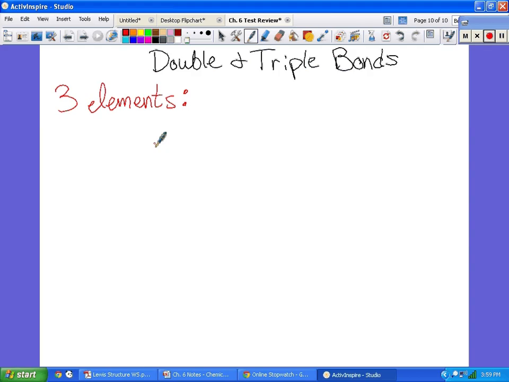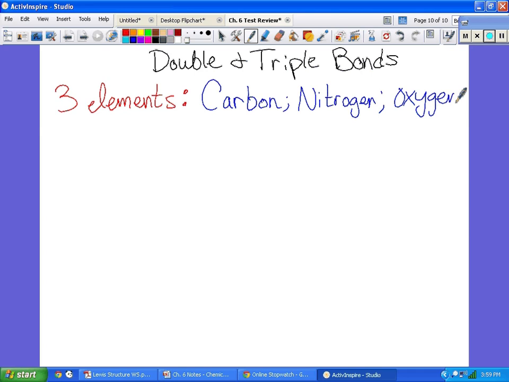Boron? Three elements. Carbon, nitrogen, and oxygen. Those are the only 3 that can make double and triple bonds. There are very few rare exceptions, but these are the ones you'll see most common.